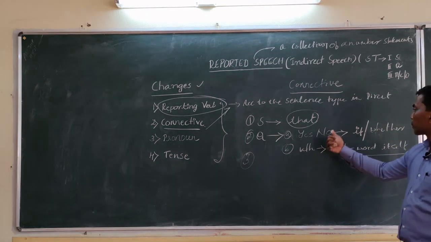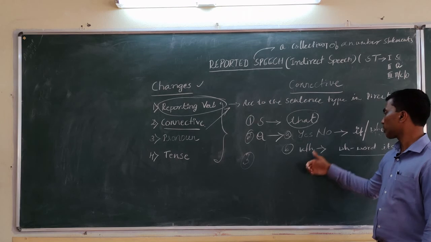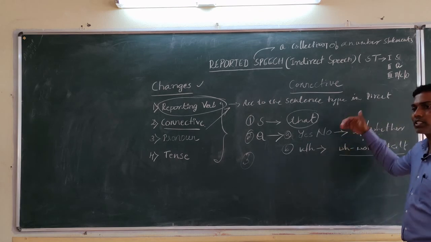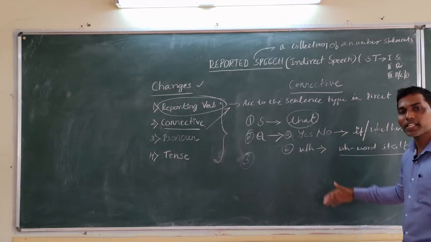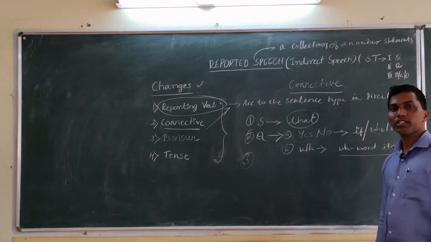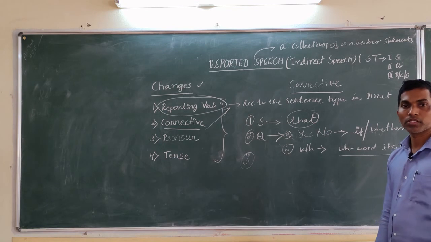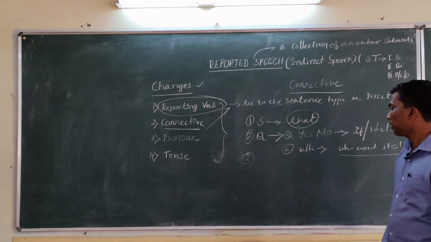When it is yes, no, you have to go for the connective if or whether. When it is a WH question, the WH word which has come in the question itself you have to use in reported speech. Isn't it easy? Isn't it simple? Are you there? Okay, let's go to the next.